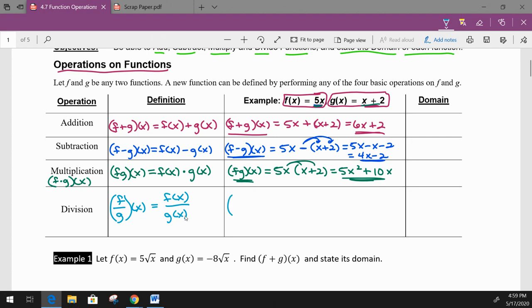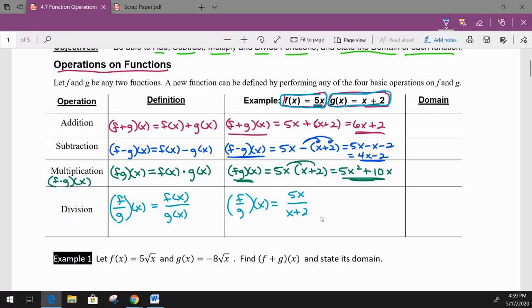So in this example, if you're given a function f of x and a function g of x, and you're asked to find f over g of x, you're going to put the f of x function in the numerator and the x plus 2 function in the denominator. And then if you can simplify it, you would simplify it. But at this point in time, we have not learned how to simplify rational functions. So this is a rational equation, which you're going to see in the second half of this class.